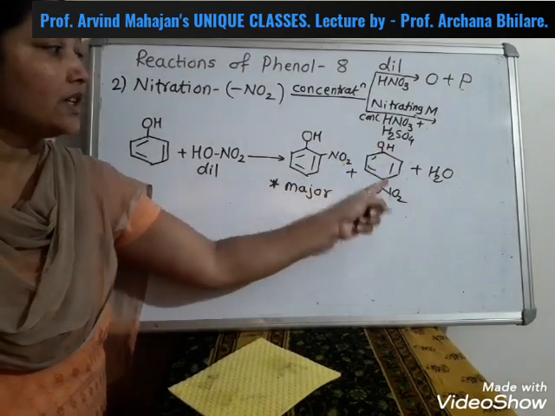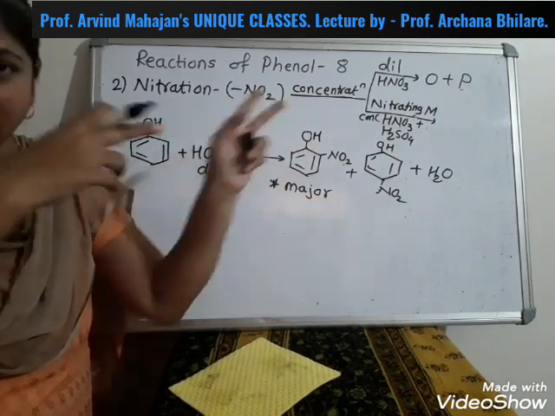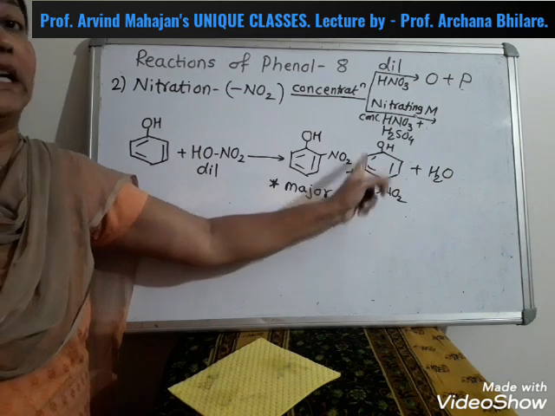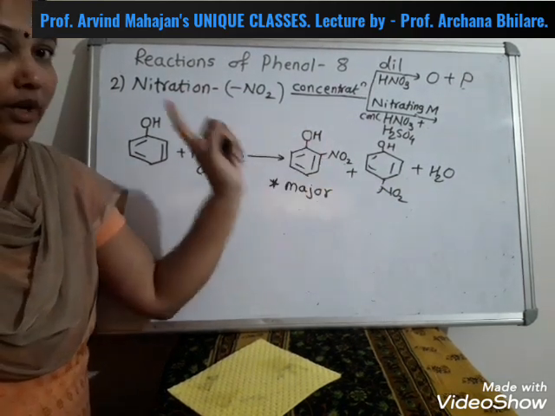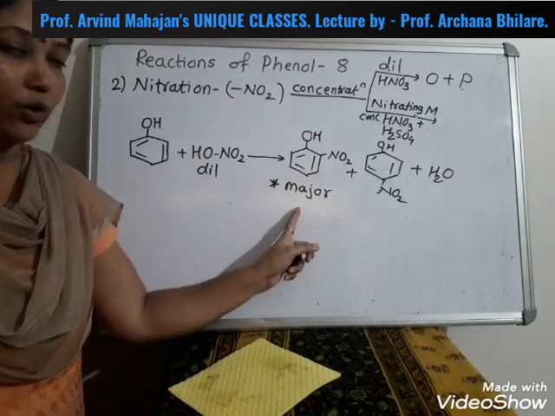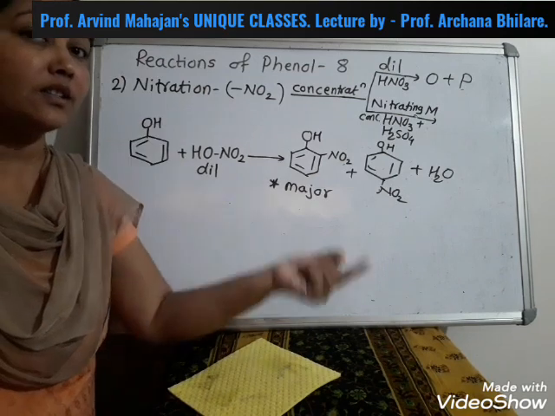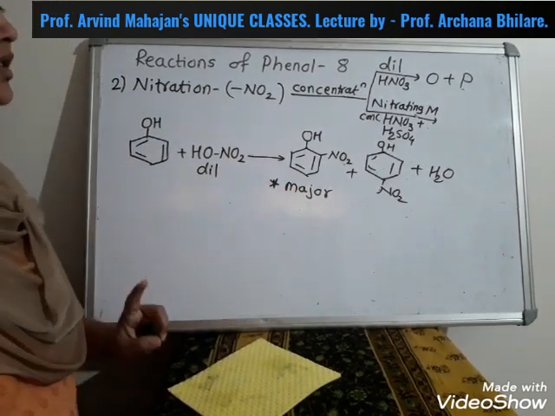Means this OH is connected to NO2, this NO2 is connected to the next OH and so on. So we can observe the chain. So this shows intermolecular hydrogen bonding. Here hydrogen bonding is found within the molecule itself. So intramolecular hydrogen bonding is there in orthonitrophenol, which gives extra stability to that compound, and that's why this is major, this is minor.